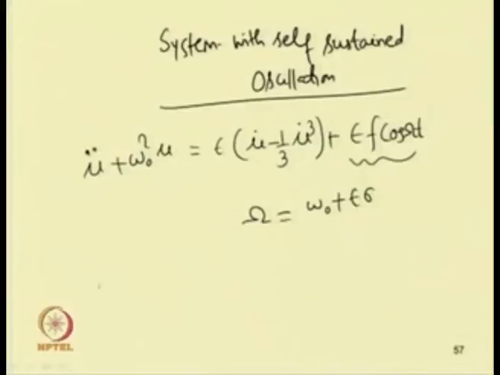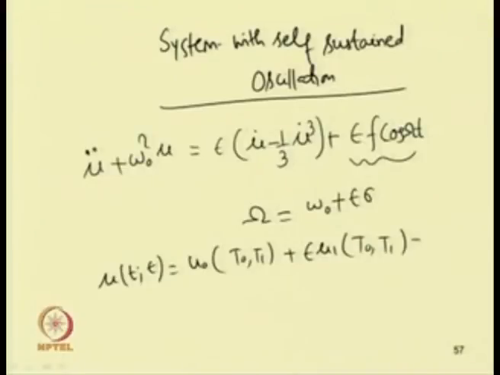On taking u of t, epsilon equal to u 0 of t 0, t 1, plus epsilon u 1 of t 0, t 1, and higher order terms, and following the usual procedure of the method of multiple scales, we can obtain the reduced equations.